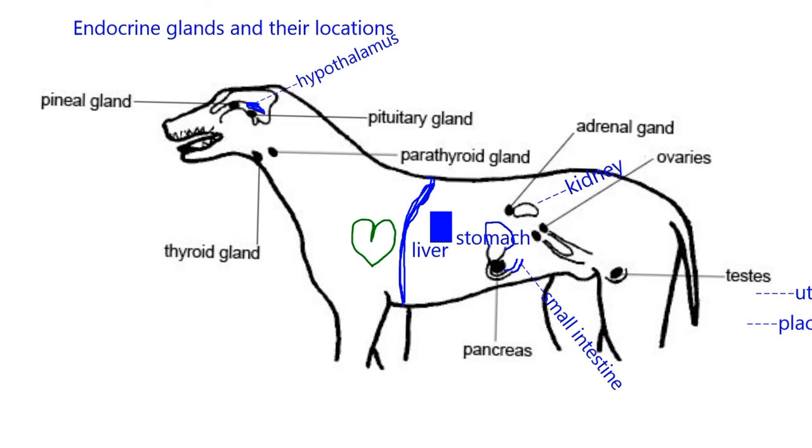So let me move over the label for that, because lo and behold, the uterus in some animals makes hormones. Okay? And then one more tissue that isn't always here. I guess I got two more tissues. One, the placenta, which I want to name, because if the animal is pregnant, the placenta makes hormones.